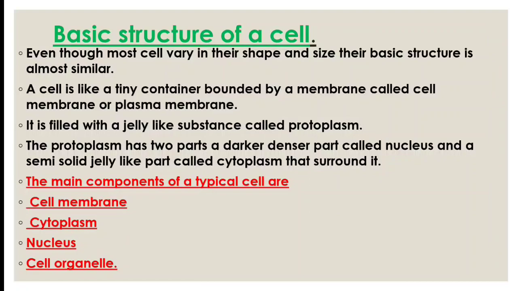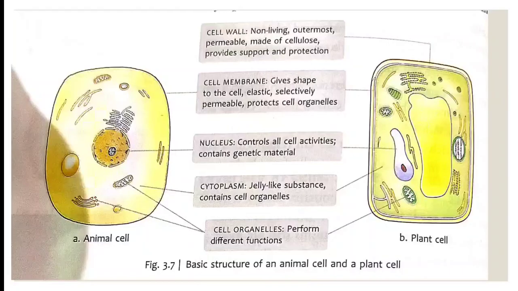It is filled with a jelly-like substance called protoplasm. Now, the yellow portion which you can see in both the cells is called protoplasm. It is a jelly-like substance, and this protoplasm is divided into two parts.